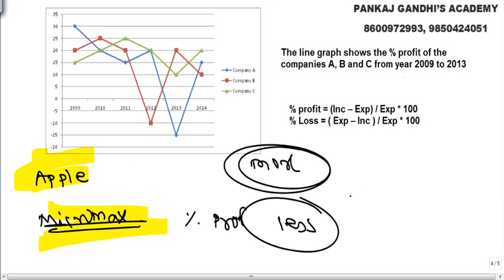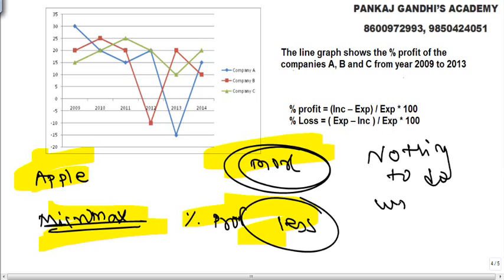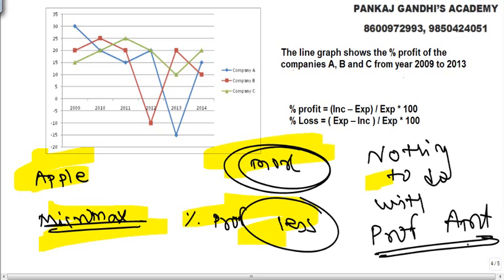But in India, because Micromax sells many more phones, it may make more profit. We don't know. Percent profit has got nothing to do with profit amount, because sales amount we may not know.